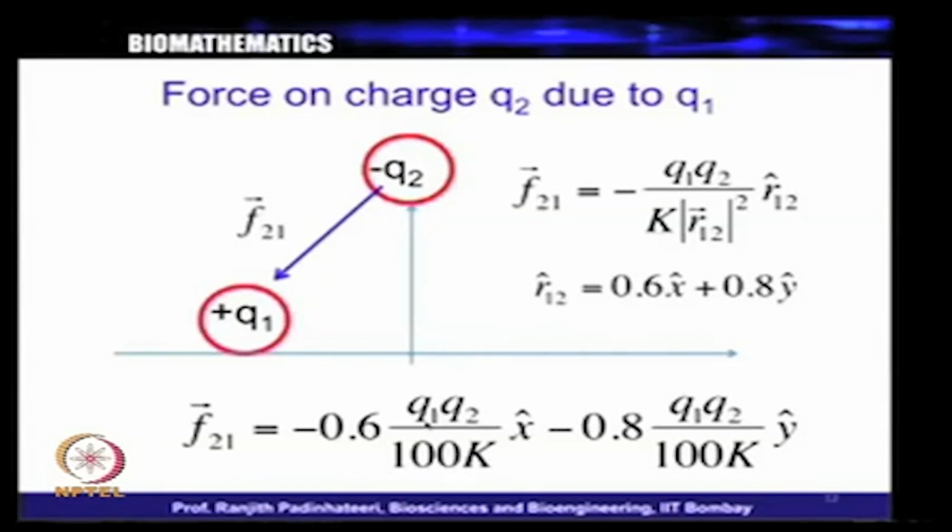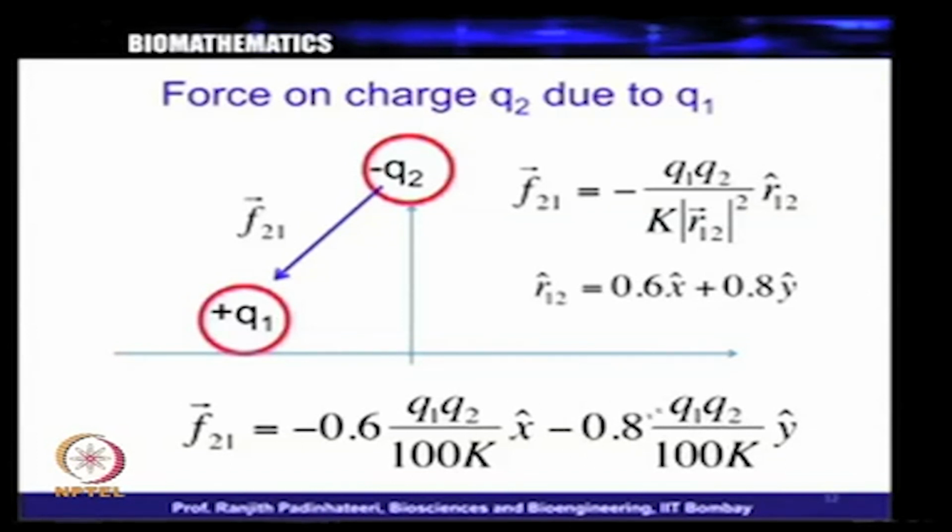If you substitute for Q1 and Q2, let us say both are 1, and k is some number, you will essentially get a negative number. So some force will be felt along the minus x direction, and some force will be felt along the minus y direction.